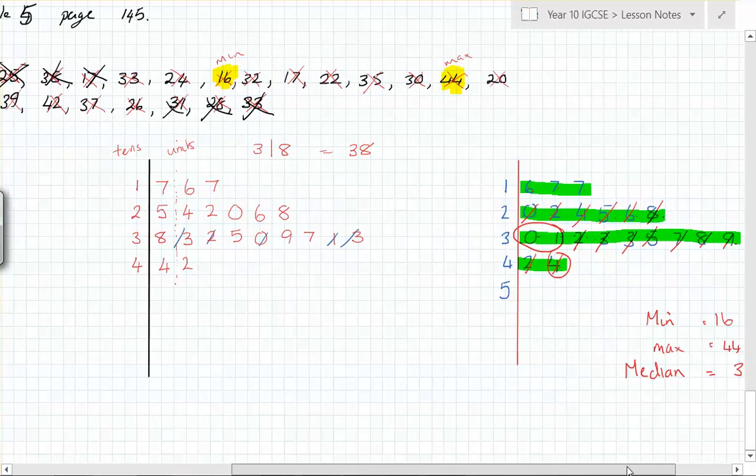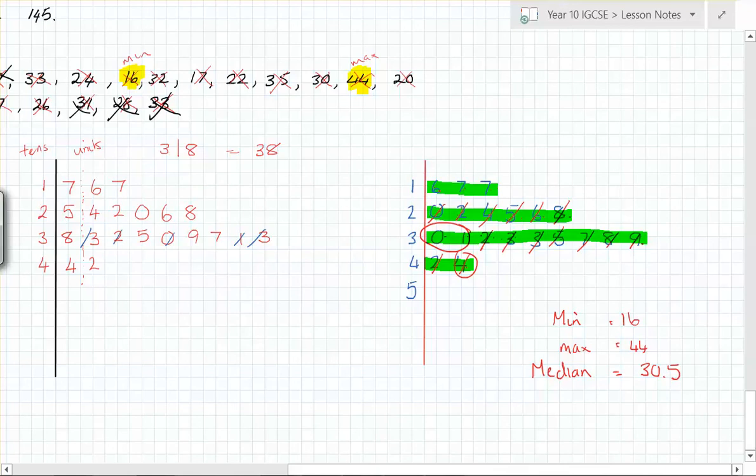So you've kind of got to do that with the stem and leaf diagram. We start with the smallest and go to the largest. Then go to the second smallest and the second largest. Third smallest, third largest. Fourth smallest, fourth largest, and so on.